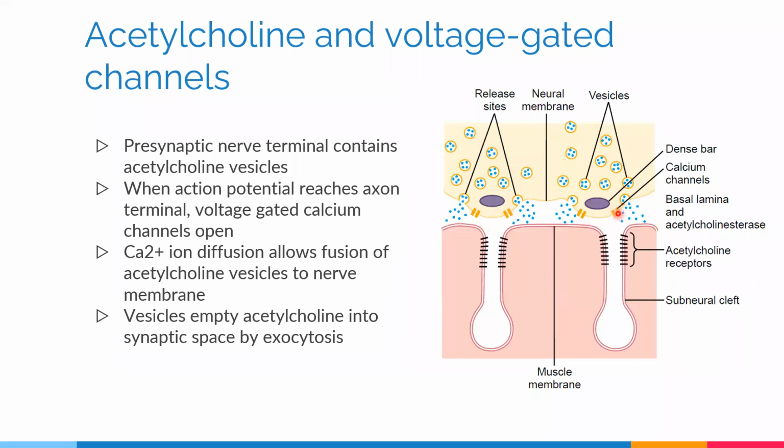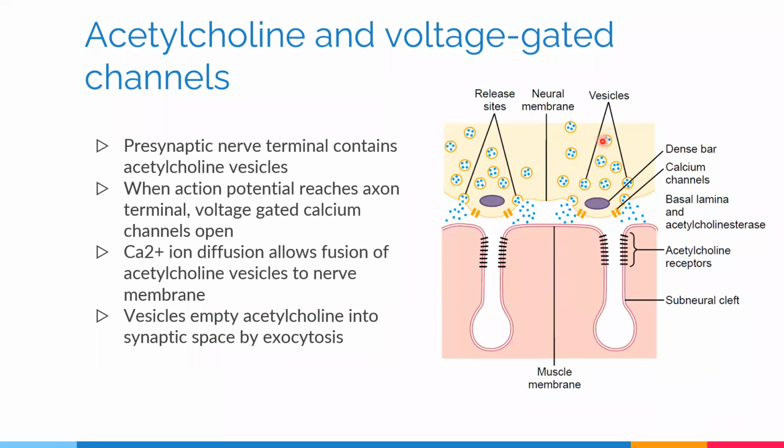These voltage gated calcium channels, once they open, allow the entry of calcium ions, and calcium ions, once they enter the nerve, allow the fusion of these acetylcholine vesicles with the nerve membrane, thus emptying the vesicles of the acetylcholine present in them, which is released into the synaptic cleft. The vesicles empty the acetylcholine into the synaptic space by exocytosis, which is a process of release of vesicles and everything in them into the extracellular space.